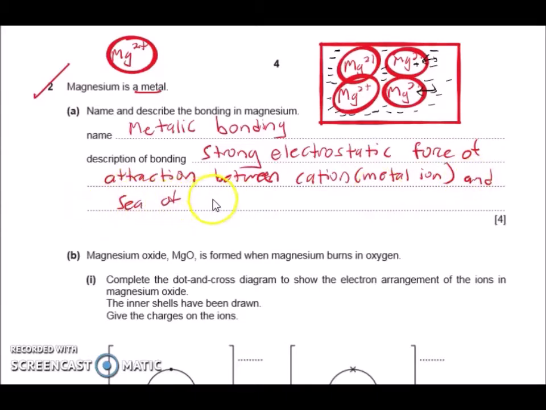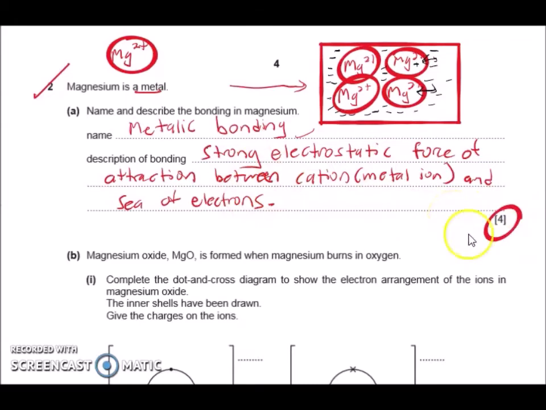Okay, sea of electrons. Okay guys, so this is the answer, and this is metallic bonding. So if you answer metallic bonding and a description about it, you'll be getting 4 marks here.